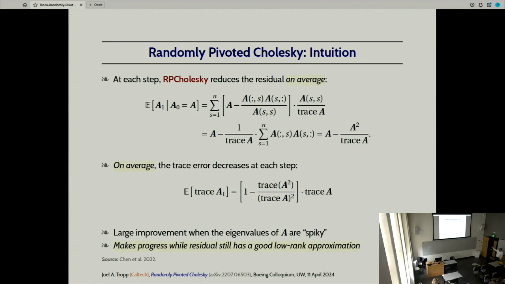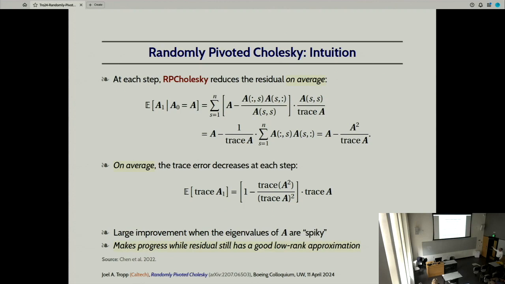What is the expectation of the new residual after one step? Well, that is the sum of the value of the residual, if I eliminate the sth column, times the probability of eliminating the sth column. So I said that the probability is proportional to the diagonal entries, which sum up to the trace. And here is the residual. We take the initial matrix, we remove the outer product of that column and divide by the associated diagonal entry.